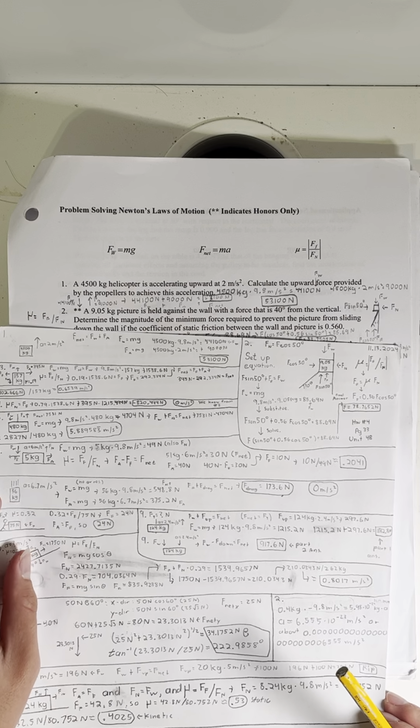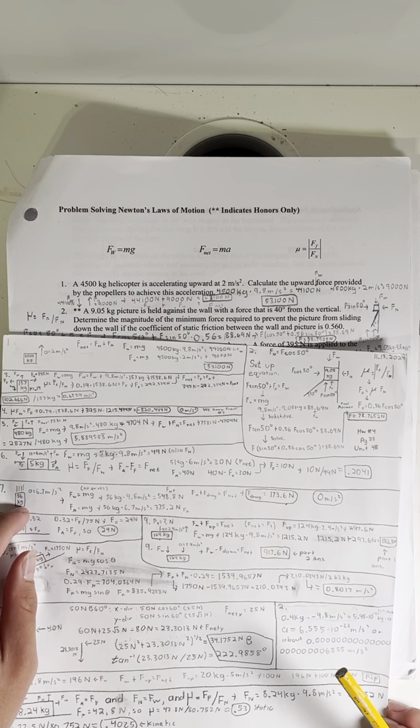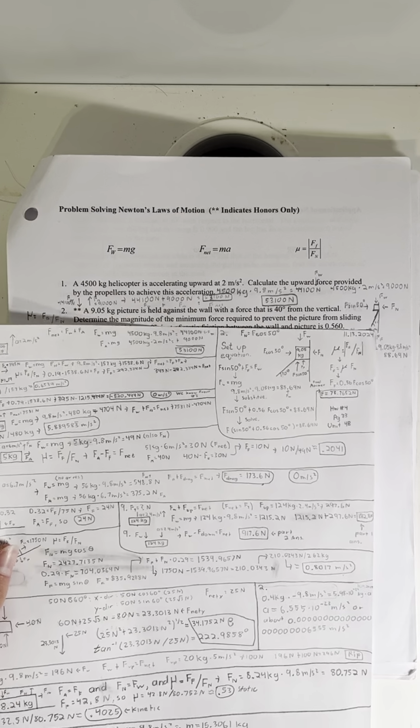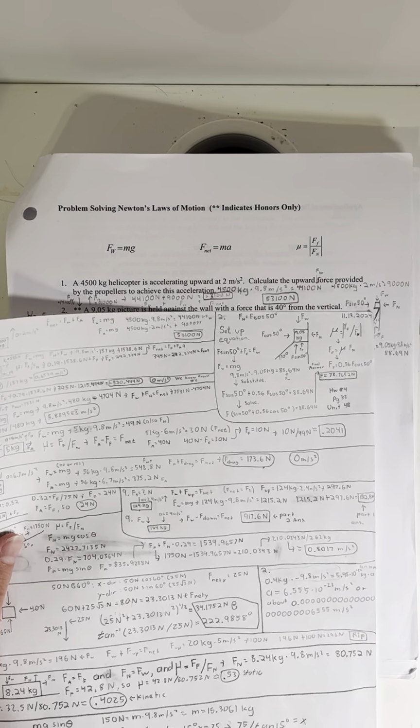Okay, first off, we need to draw a diagram. A diagram is very helpful to this, and apologies for my very tiny handwriting, but I don't know if you can see it, but there's the drawing in all of my work.